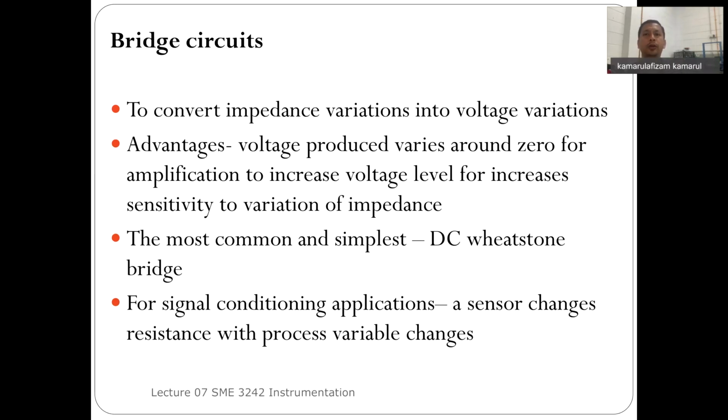You can tune these bridge circuits towards the range of your working input impedance level, so that it produces some kind of voltage at the output stage, and you can also control this output voltage range by putting in different configurations of the circuits.